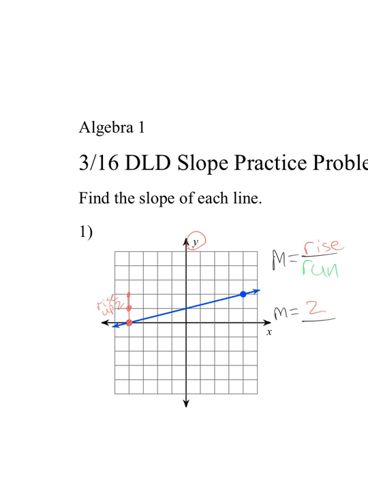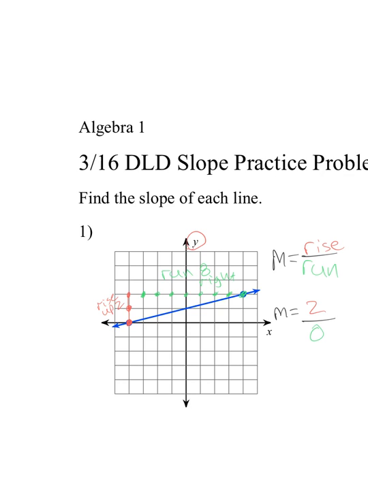The run of this graph would be, well, how many units do we have to go to the right? We go 1, 2, 3, 4, 5, 6, 7, 8 units. We ran 8 units. Run was 8 to the right.